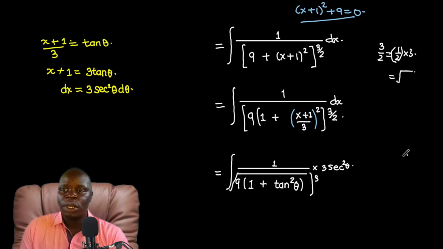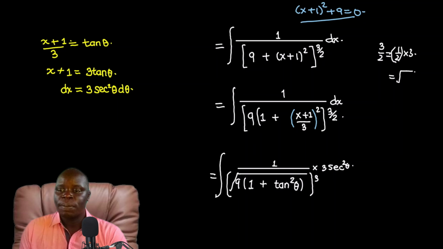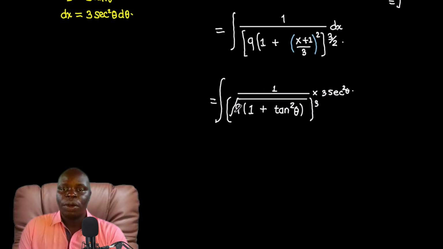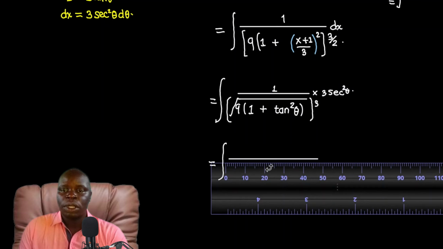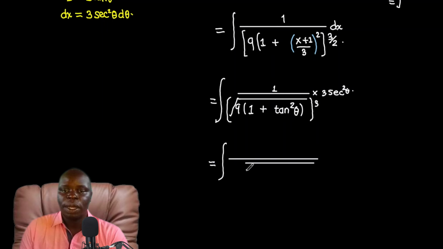And also we need to create more space here by erasing this part a little bit. We have there our integral sign, the equal sign here. Sorry about that. So let's move on here. In our next step, we can get the square root of 9, and we're only maintaining what we have here. So this is equivalent to the integral of, so here this will be only the term containing 1 plus tan square theta. The square root of 9 is 3.